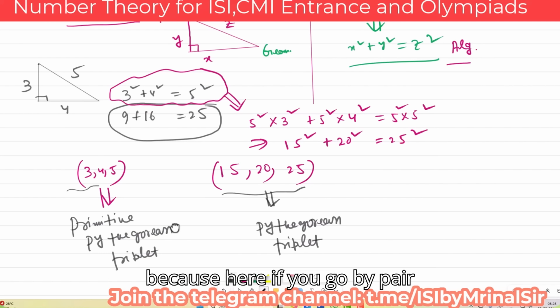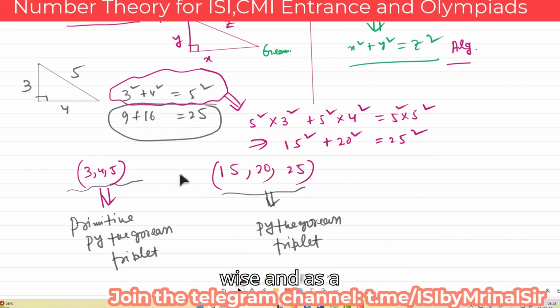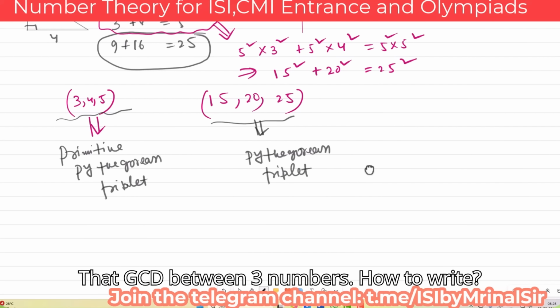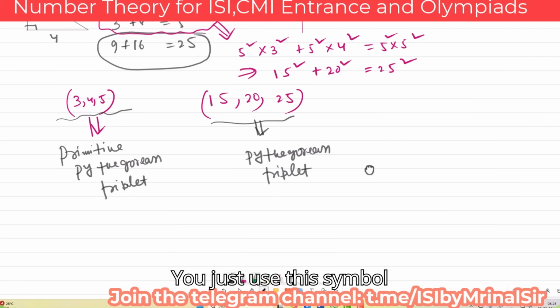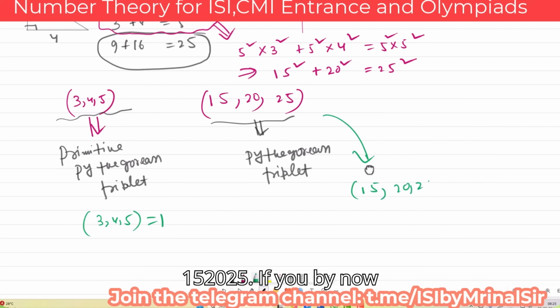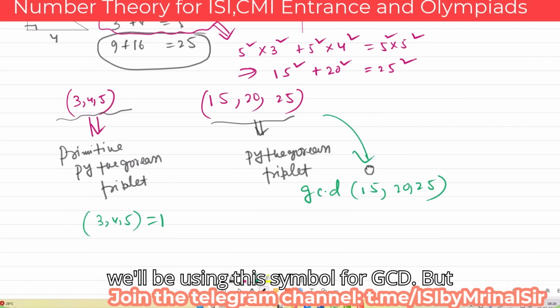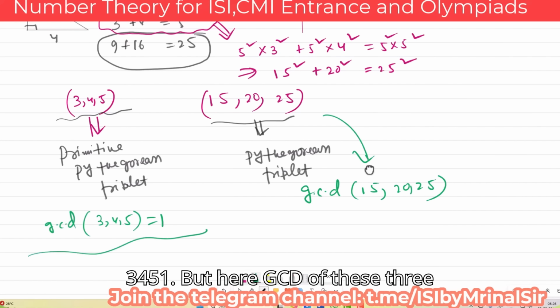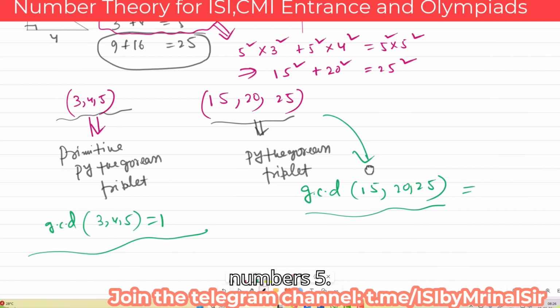Because here, if you find the GCD of the three numbers as a whole, how to write it? You just use this symbol: GCD of 3, 4, 5 is 1. But here, GCD of 15, 20, 25 is 5.